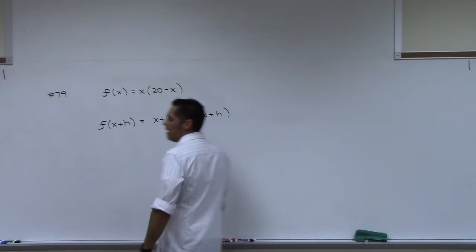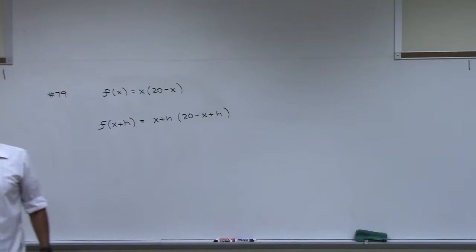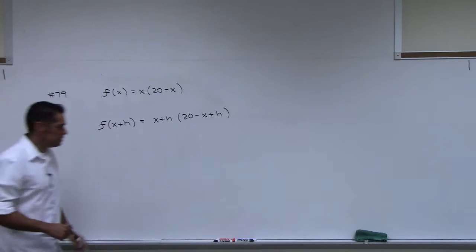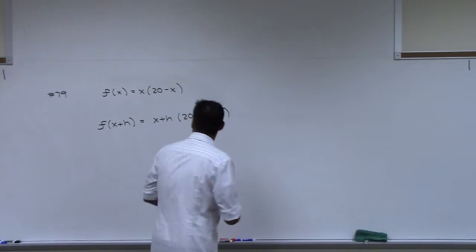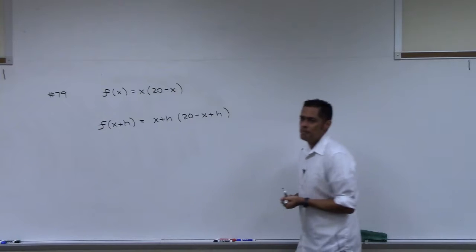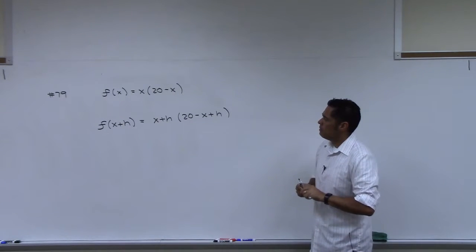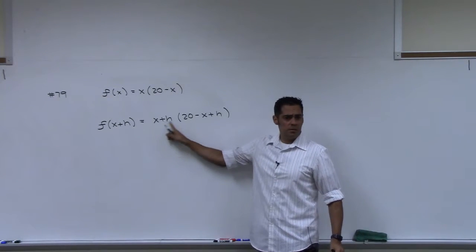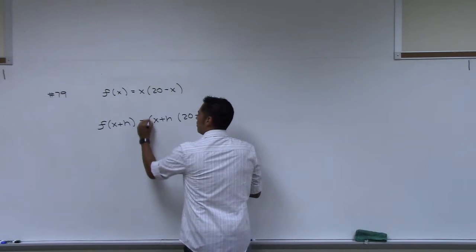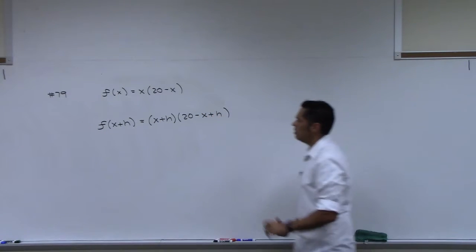Now, I did that incorrectly on purpose. I wanted to see if y'all could catch what I did wrong. I need parentheses. So where do I need the parentheses? This first factor, x plus h, I need that in parentheses.